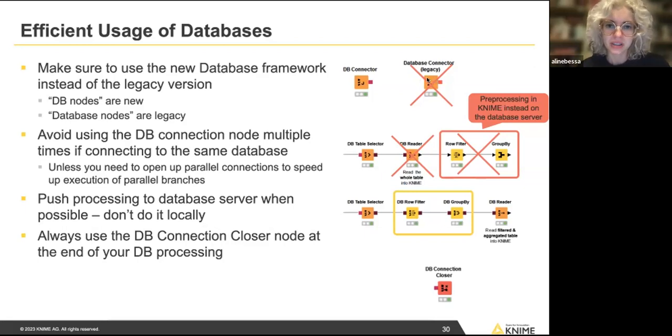Don't use them. They're not as efficient as the new version. If you see a workflow on KNIME Hub that seems interesting and may adapt well to your project, feel free to download it and play with it. But when you actually want to use it for your project, change these legacy nodes to the newer nodes, okay?